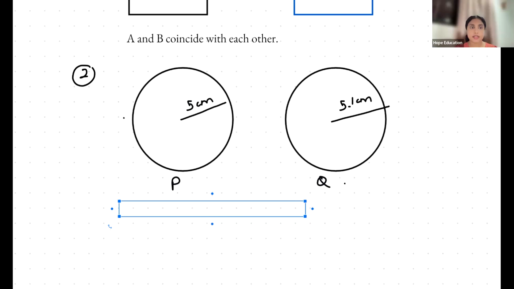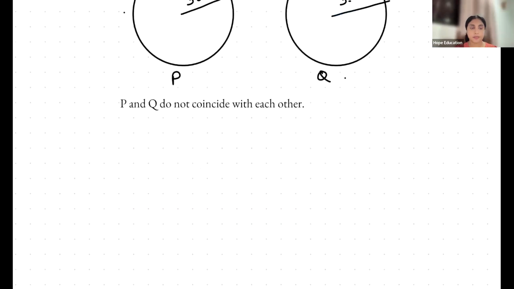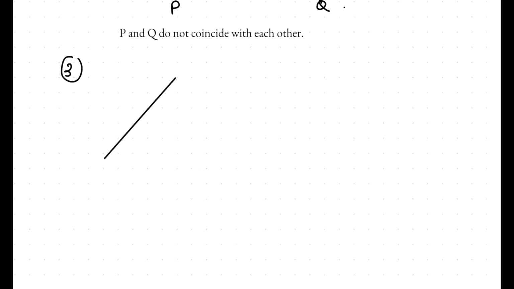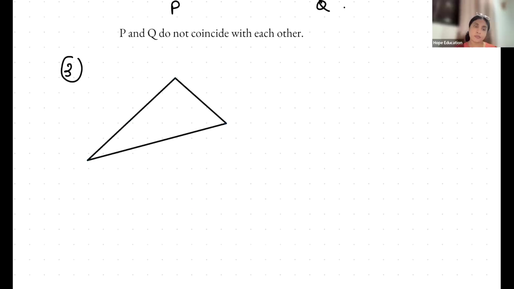What about something like this? I have a triangle.